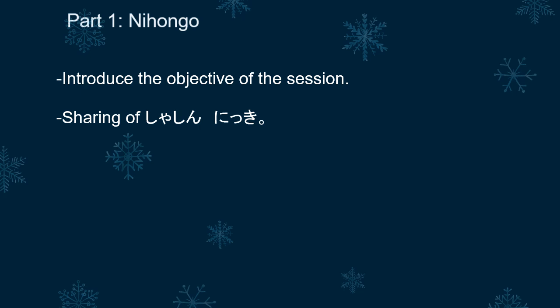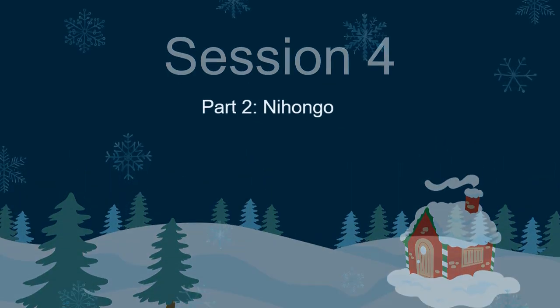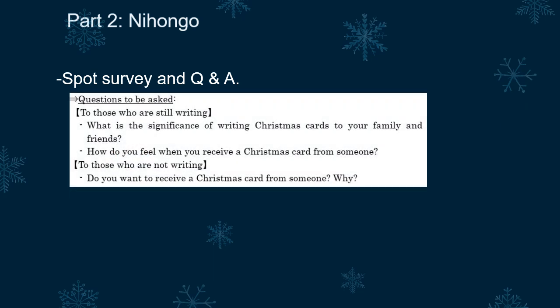So in their group, they will be sharing their Shashiniki and instruct them that they need to find the similarities and differences of their activities during Christmas and New Year. After sharing their Shashiniki with their classmates, you're going to do a spot survey and Q&A. So this is to introduce the Nenganjo to the students.